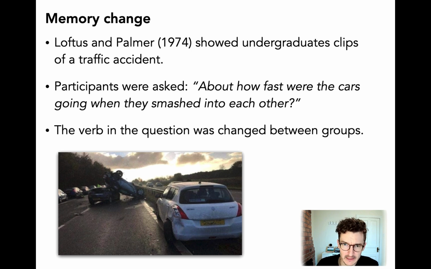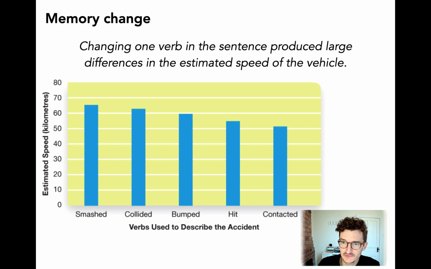And what did they find? They found that just changing that one word in the question dramatically changed people's memories of this event. So if you got the word smashed, you were very likely to remember the cars as moving very, very quickly before they collided. If you got the word contacted, you were more likely to remember the cars moving more slowly when they collided.